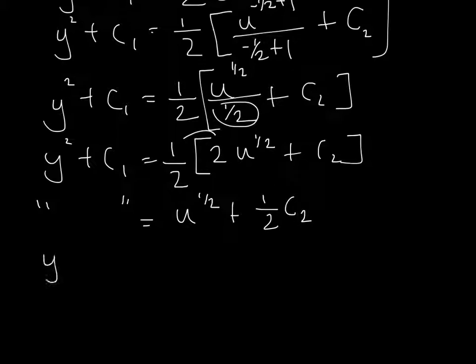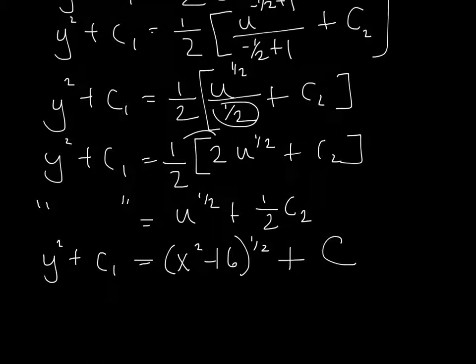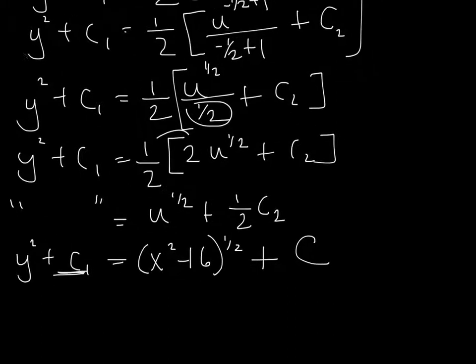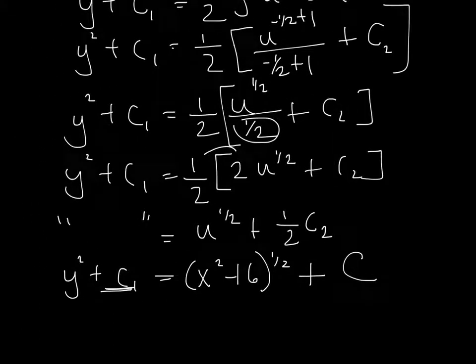And then we have y squared plus c1 equals, but what was my u? My u was x squared minus 16 plus, and I'm just going to write c, because I can bring this c1, the c1 I'm subtracting from here, and it's just going to be some constant.